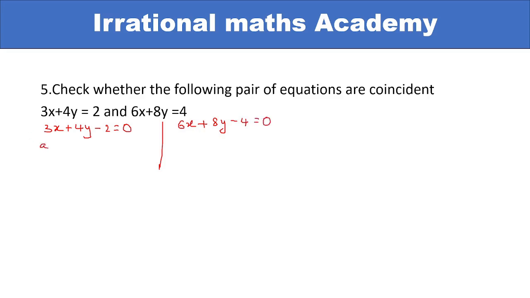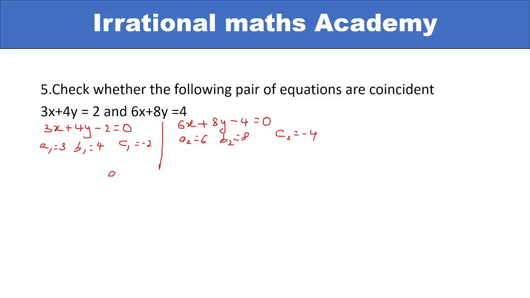From here I'll write down the A1 value. A1 is 3, B1 is 4, C1 is minus 2. A2 is 6, B2 is 8, and C2 is minus 4. For coincident lines, what is the condition?